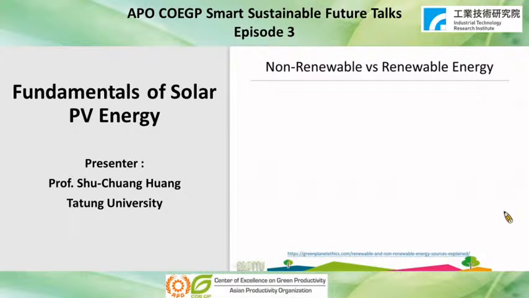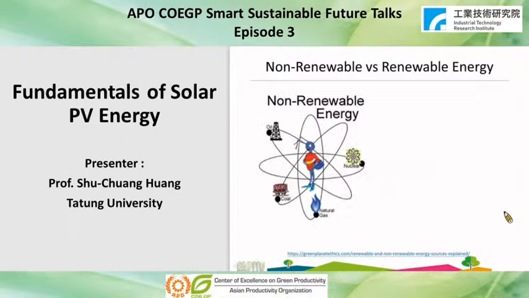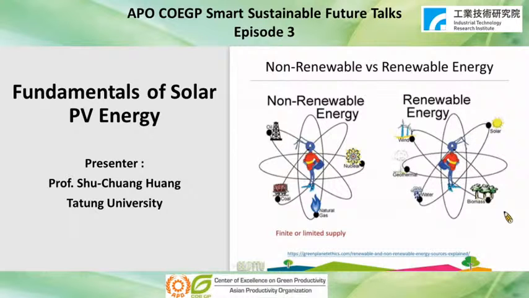Energy sources can be classified into non-renewable and renewable energy. Non-renewable energy is finite or limited in supply. Renewable energy, however, can be reproduced, and sometimes it's a natural phenomenon such as sunlight, rain, or wind.